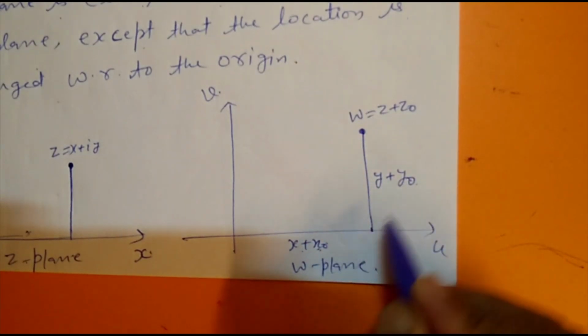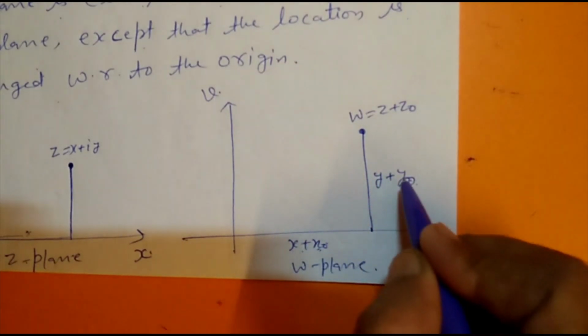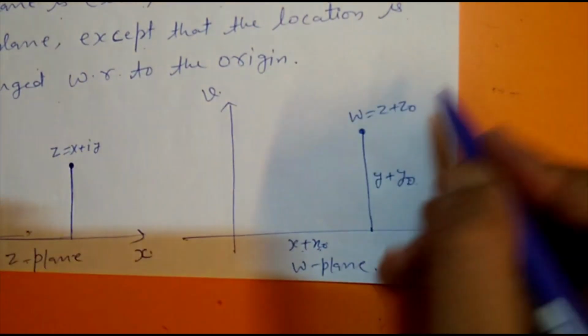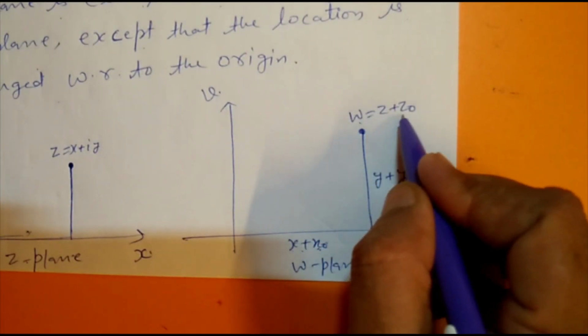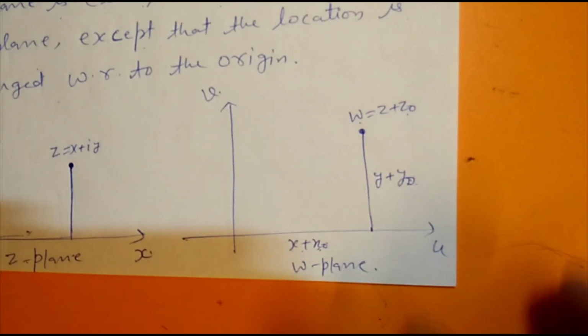If x naught is 1 and y naught is 1, then x plus 1, y plus 1, so this point transforms as w is equal to z plus z naught.